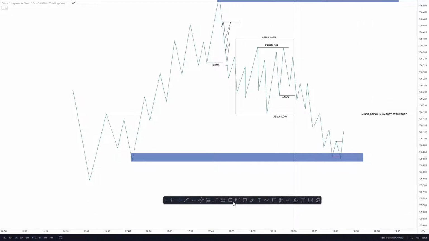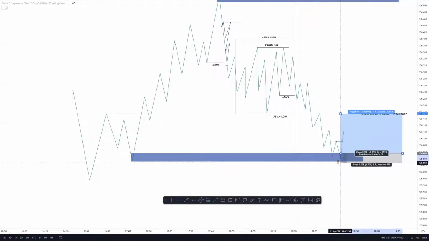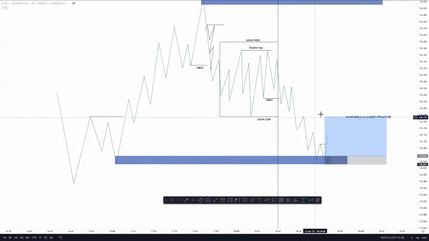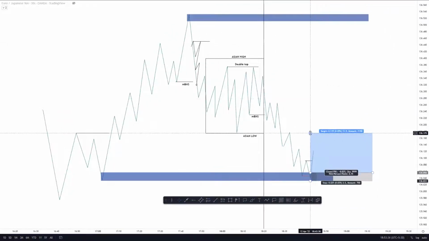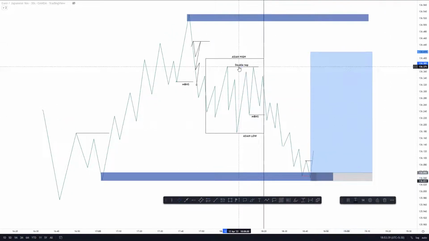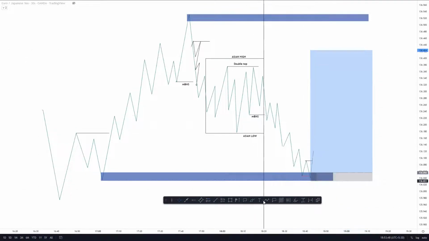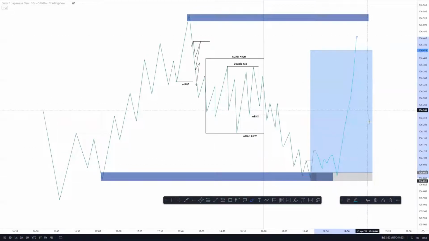So what I can do is I will look for buys around here, and my stop loss will be this demand candle as a safe zone, and my target will be Asian session high double top first, this liquidity, and next target will be Asian session high. So it can do something like this here.